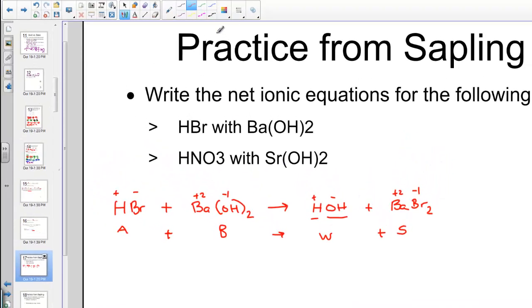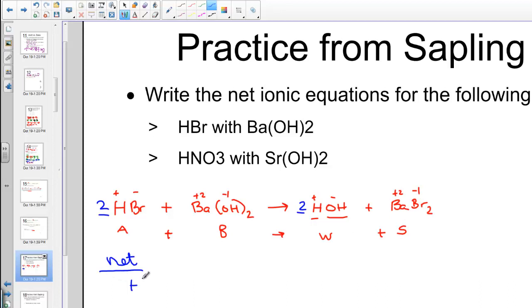And just to remember how we balanced that equation, we took the barium hydroxide with its 2 base units and knew that we had to have 2 acid units to neutralize to make 2 waters. And so when we go from that molecular equation to the net ionic equation, we understand that these acid ions dissociate, the base ions dissociate to make a water, and the spectators are going to be the barium and the bromide.